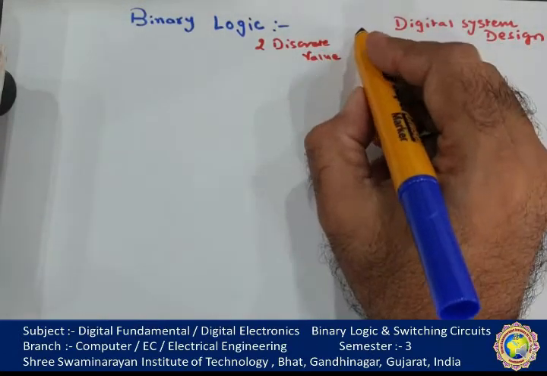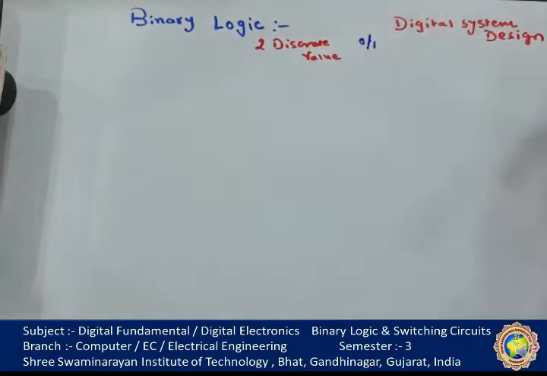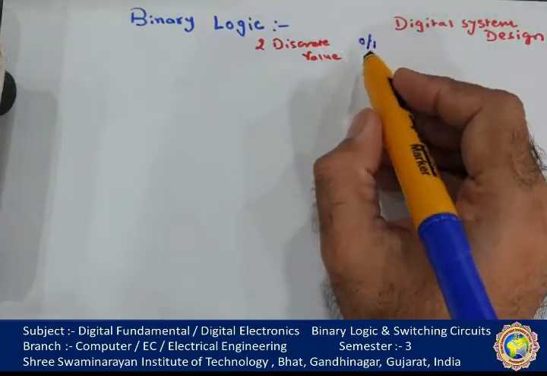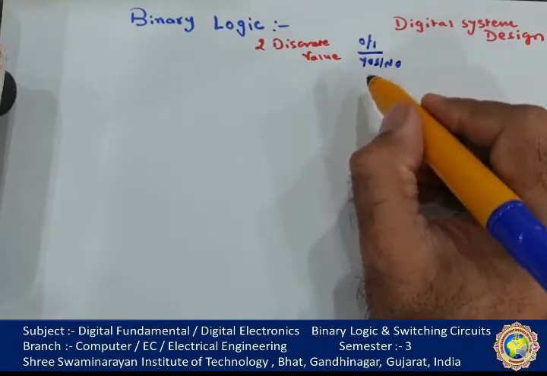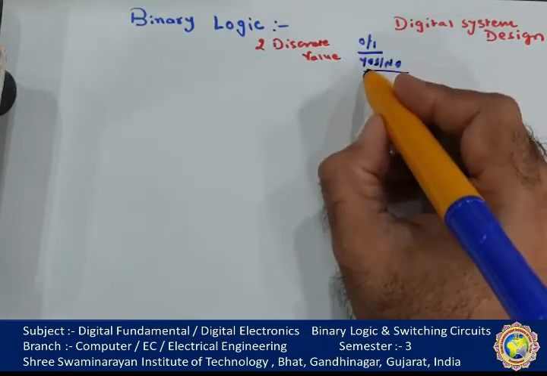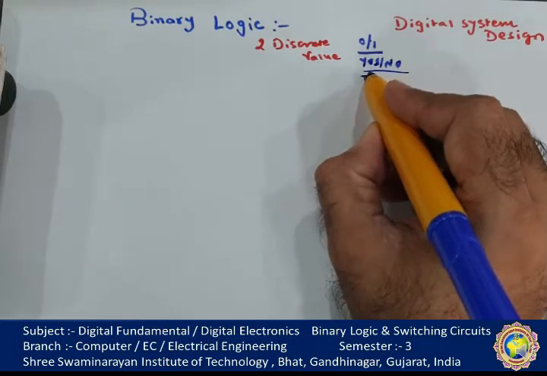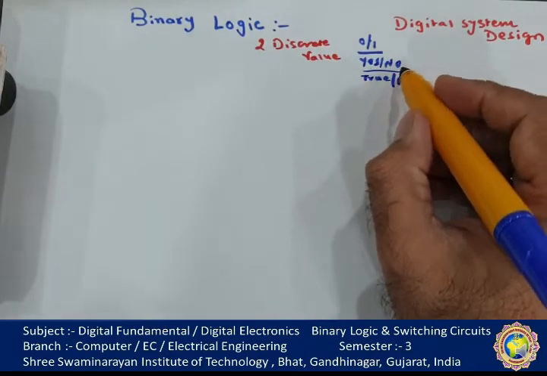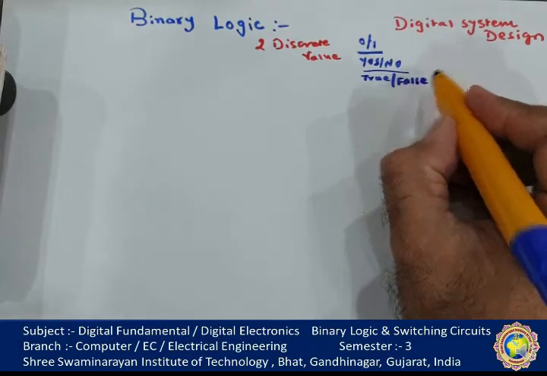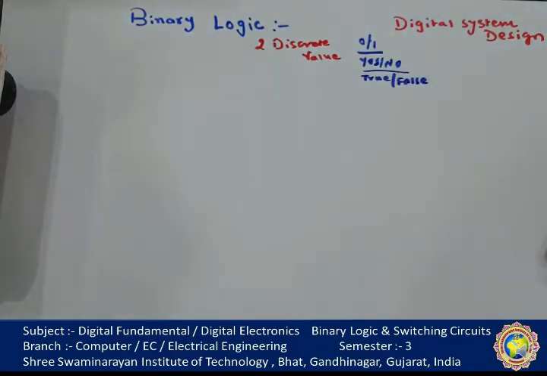In number systems we can say it is 0 or 1, or yes or no, or true or false. It means a quantity which can have only two possible values is looked at as binary logic or discrete values.